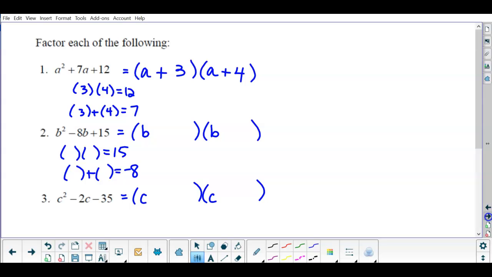Here, if they're both positive, they're never going to add to negative 8. So they both have to be negative. Okay, and you know 5 times 3 is 15. So negative 5 times negative 3 is 15 as well. Just fill in your brackets.